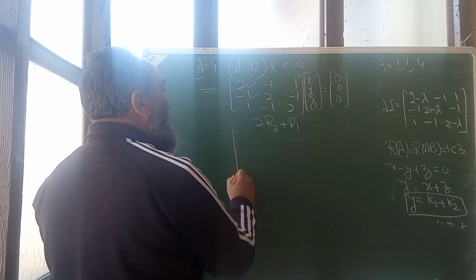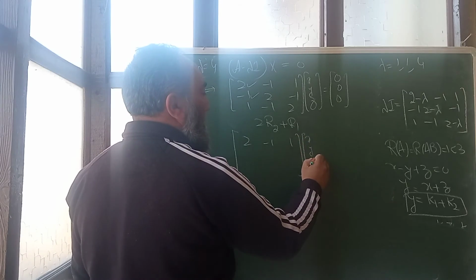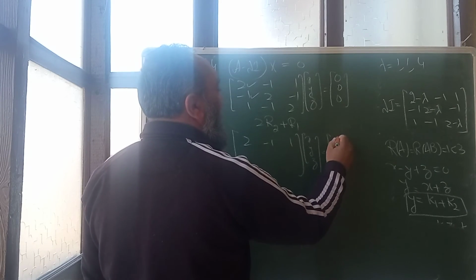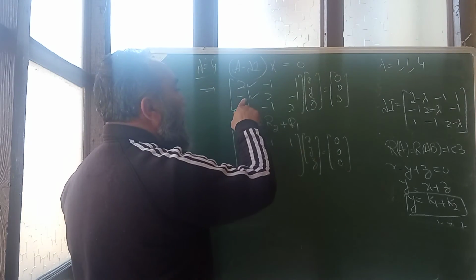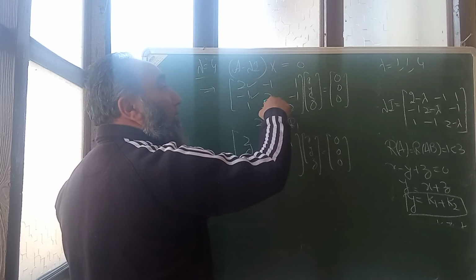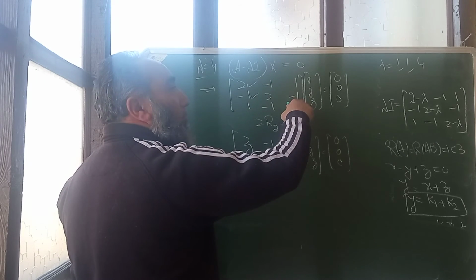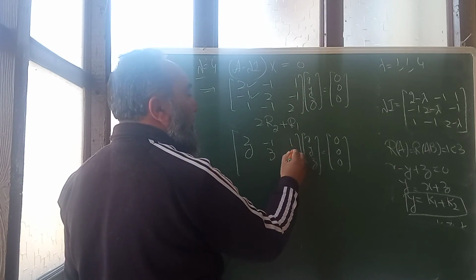What is that? 2 minus 1, 1. 0, 0, 0. Twice this plus this, it is 0. Twice this, it is 4, plus this, it is 3. Twice this, so minus 2, plus this, it is minus 1.